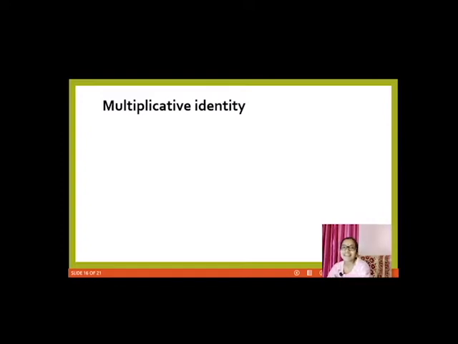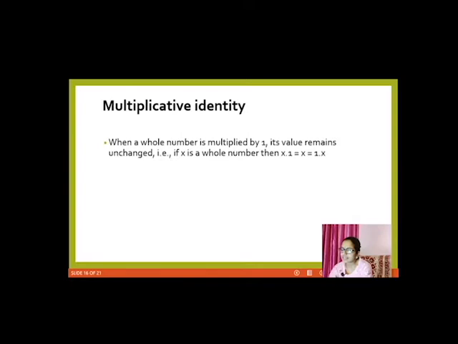If the identity of the number is not getting changed even after multiplying with a number, that is known as multiplicative identity. For example, if you multiply any number with 1, the answer will be the same whole number. That means the identity of that whole number is not getting changed.